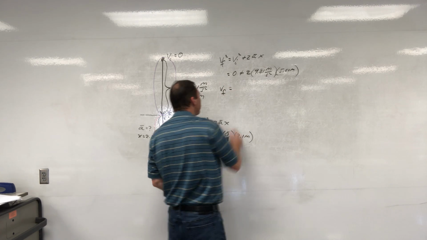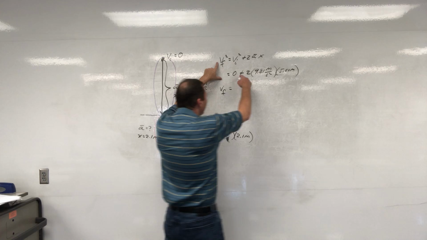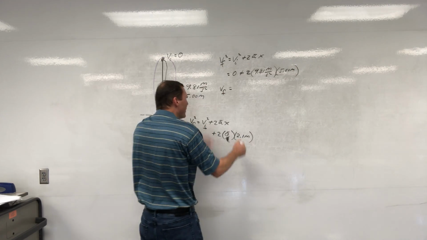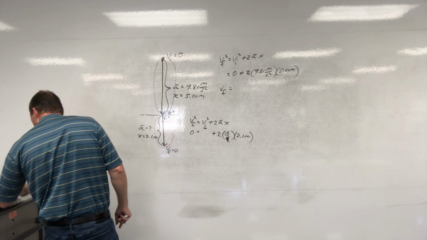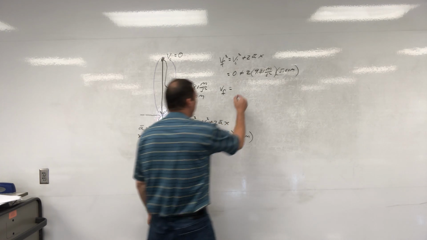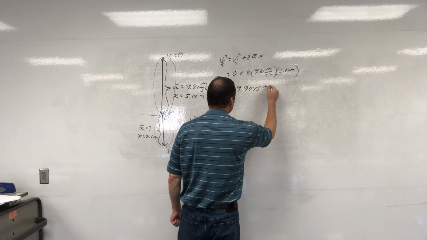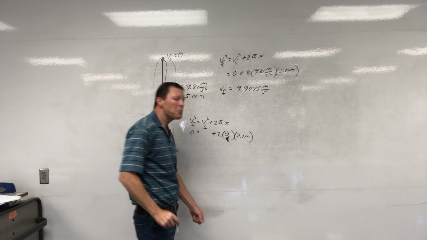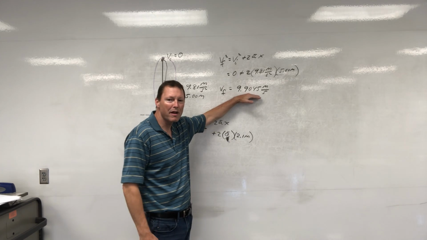And again, we're looking for final velocity, so make sure that you square this side and you square that side. So what you're going to get is, let's see here, I got 9.9045 meters per second. So that's my unrounded off number. I don't want to round off there because that's not my final answer.